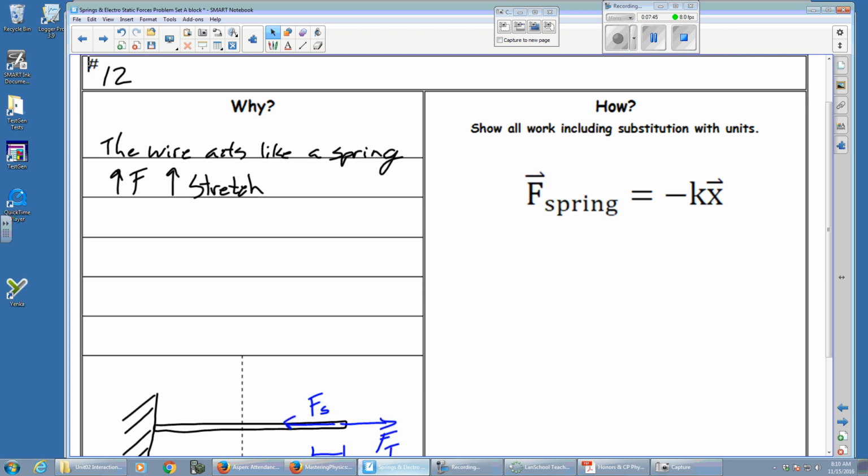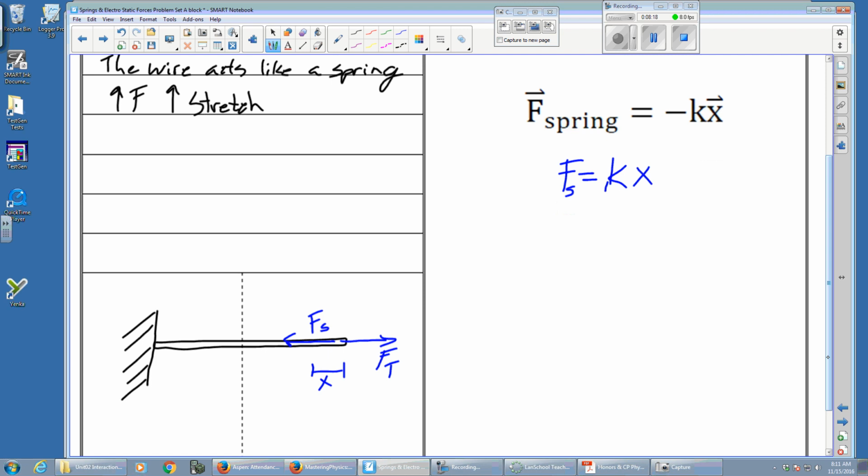I know I'm pulling on it, and therefore the spring force and the displacement are in opposite directions. So I'm just going to drop the vector notation and drop the negative sign, since all that has to do with is direction. The force of my spring, if I look at my diagram, is the force pair with the tension. So that means the tension and the force of the spring are the same, just in opposite directions.